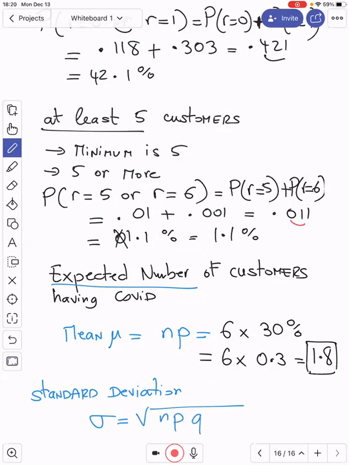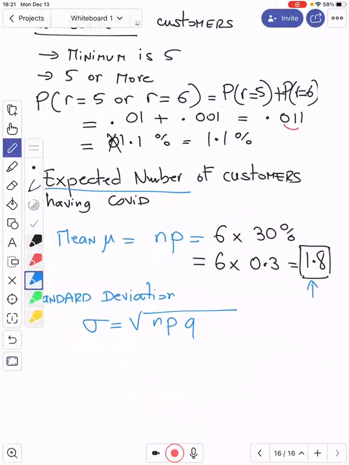And for some reason, some of you multiplied 6, so n is 6, that's true, times p, 30%. It's not the answer. It's not the 1.8. The 1.8 is the mean, right? So you can just forget about the mean.